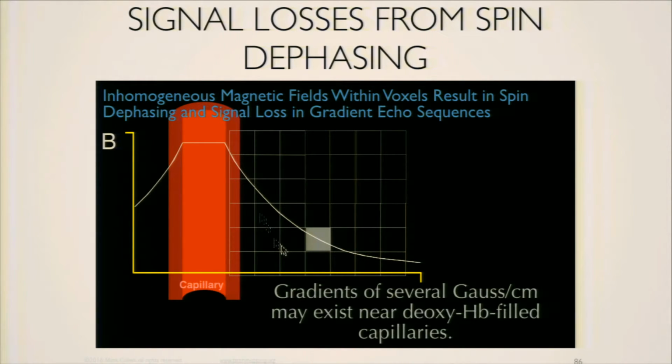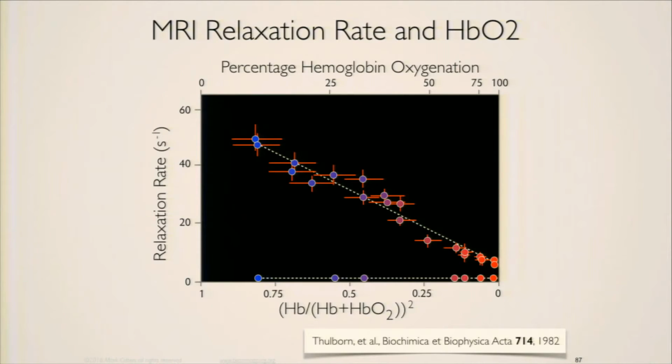And the changes in magnetic field with distance are very, very large when you're near a capillary, and it gives relatively large magnetic field disturbances and therefore large signal disturbances. The effect is to shorten the duration for which the signal is present in the MRI, the so-called T2 decay.